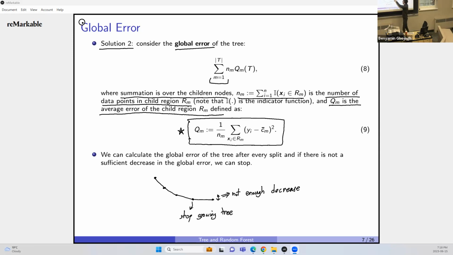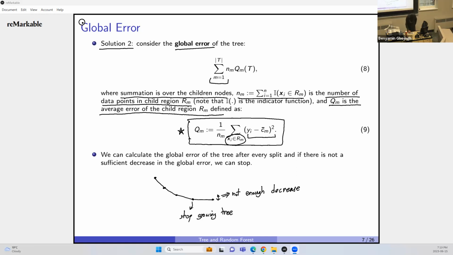What is this? I'm defining QM as 1 over NM, the summation over the points in the region Rm of the squared error of yi and c bar m. What is c bar m? Do you remember? This is the average estimated label for the region Rm. I told you already, c bar m is the average of the labels in the region Rm, which is the estimated label for that region.